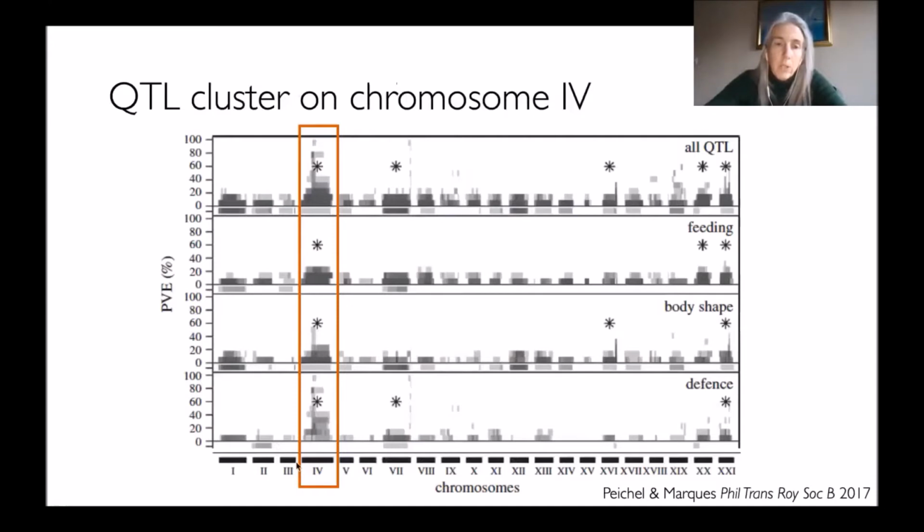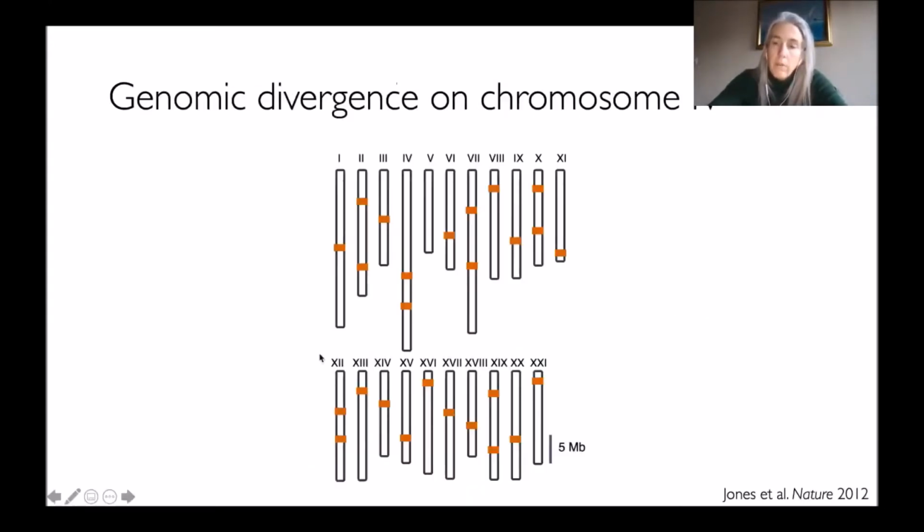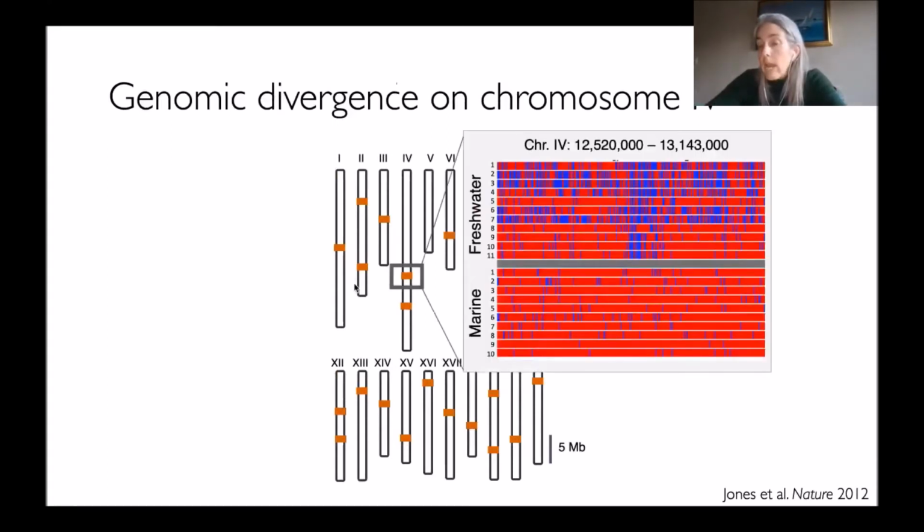We also knew that on chromosome 4, in the work of Felicity Jones, where she sequenced 10 marine and 11 freshwater populations and looked for regions of genomic divergence between them, one of these 80 regions was on chromosome 4.